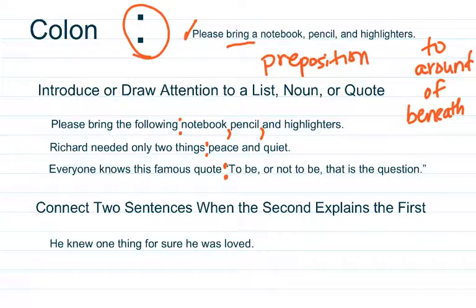That second sentence, he was loved, gives some more evidence or provides more detail about the first sentence. He knew one thing for sure, colon, he was loved. So this is two sentences where the second sentence gives more detail about the first. Okay?